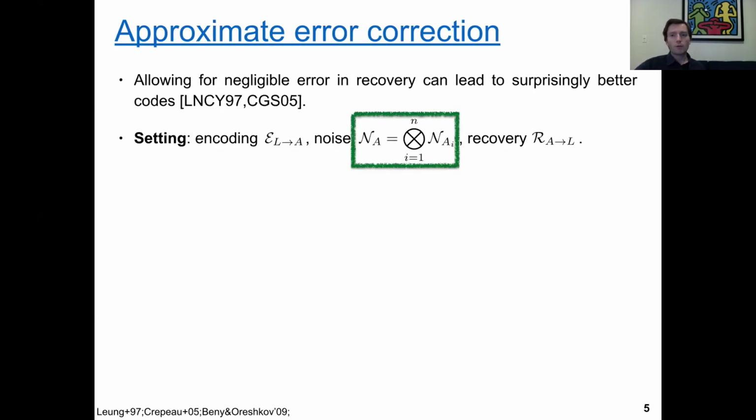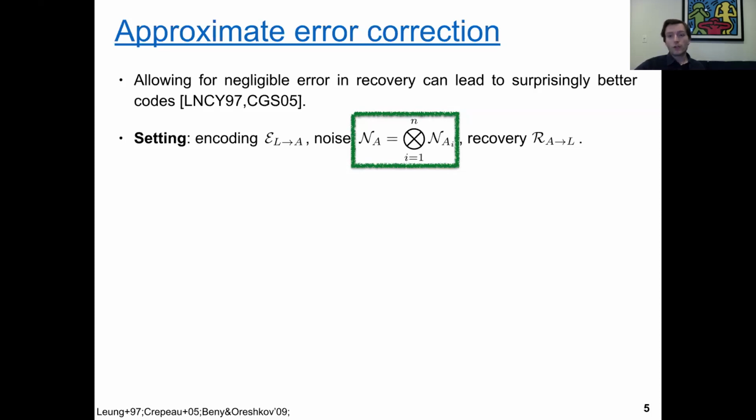For this talk, I will assume that the noise has this tensor product structure, and this is a fairly standard and reasonable assumption which people take in quantum error correction.